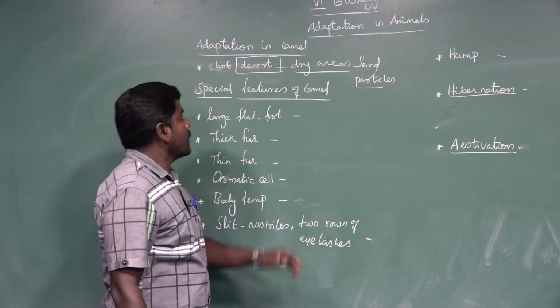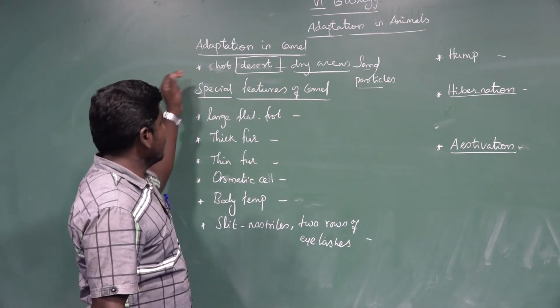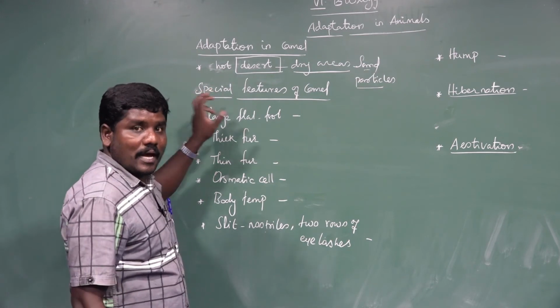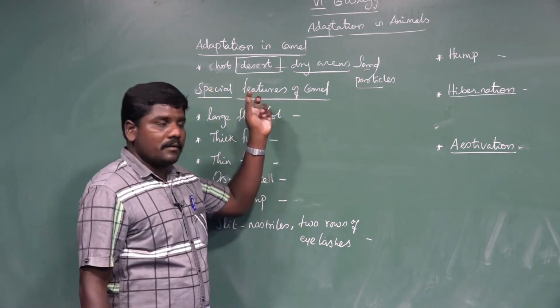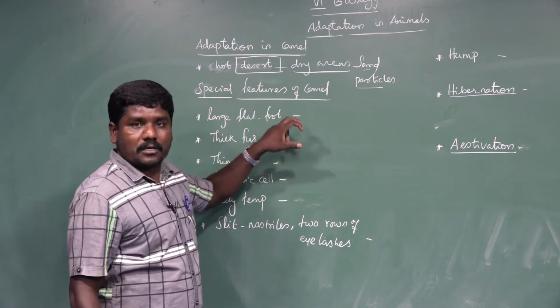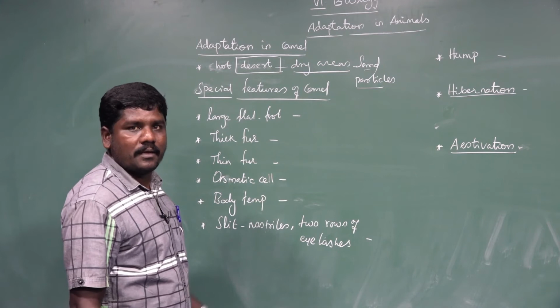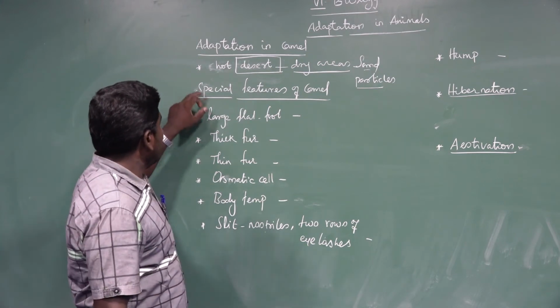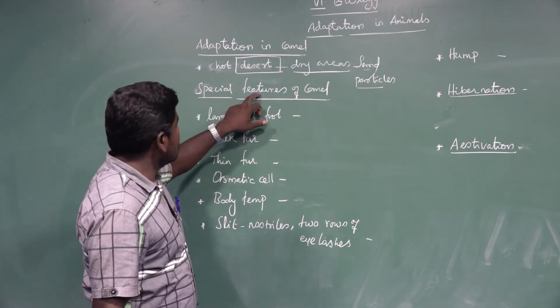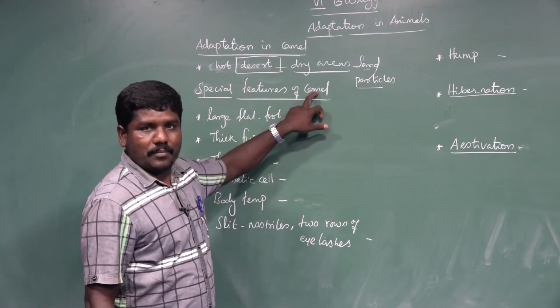So the camel lives in the hot desert. The camel is able to survive in this hot desert because of specific characters that are present. The following are the specific features of the camel.